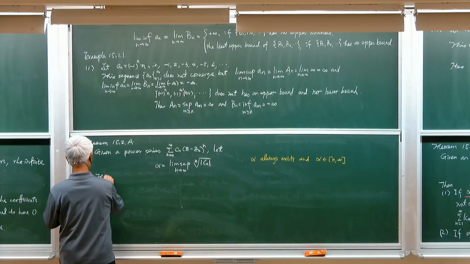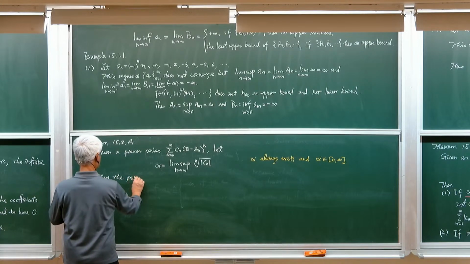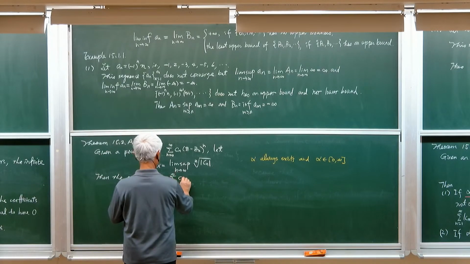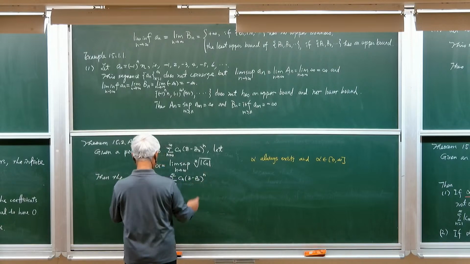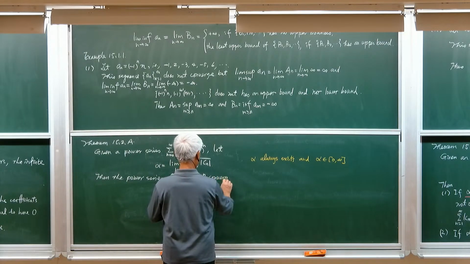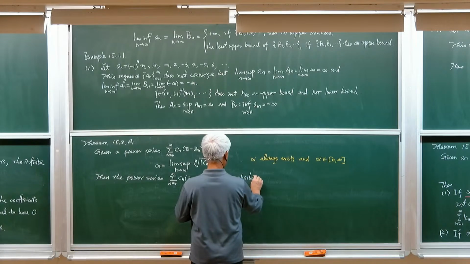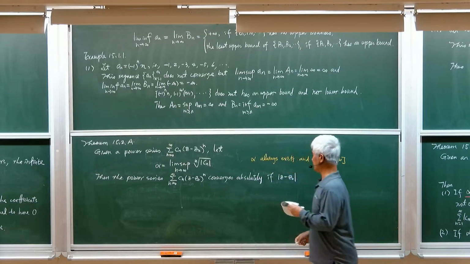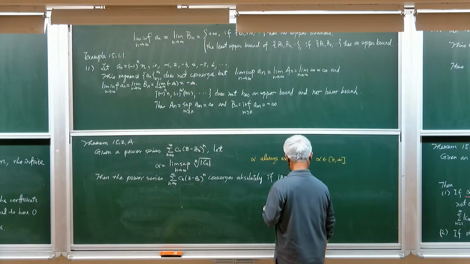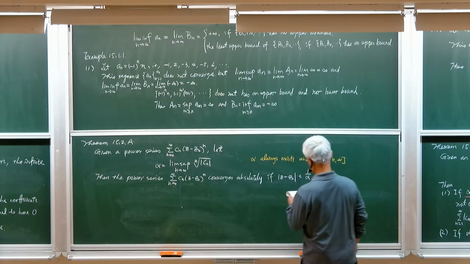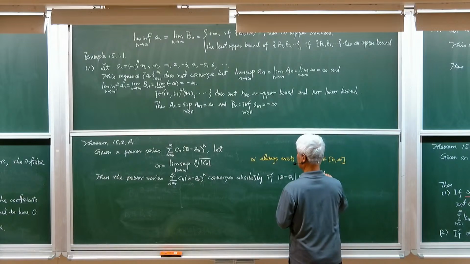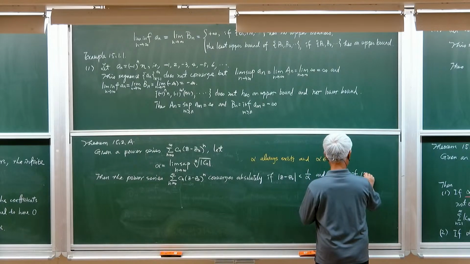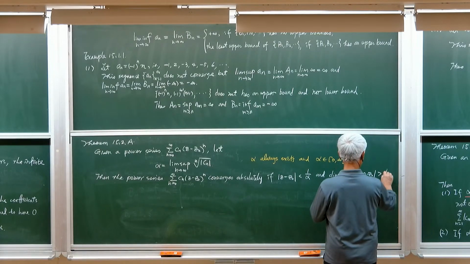Now then the power series, summation n from 0 to infinity of c_n (z minus z0) to the n, converges absolutely if z minus z0 has absolute value less than 1 over alpha, and diverges if the absolute value of z minus z0 is greater than 1 over alpha.